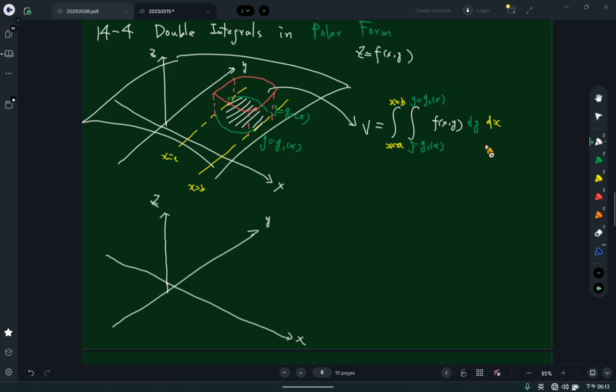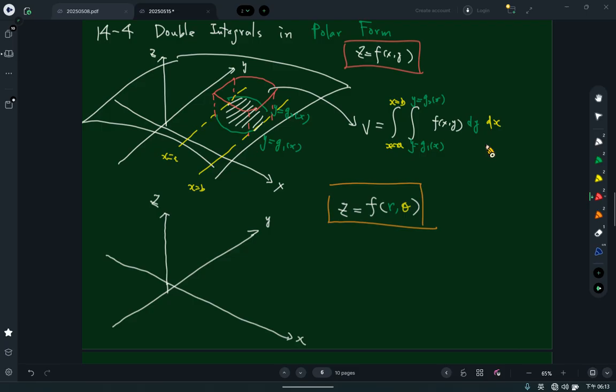But this time, the function will be given by z equals f of r, theta. Please make a comparison here: before, the function was given by z equals f of x, y, but this time I give you z equals f of r, theta.